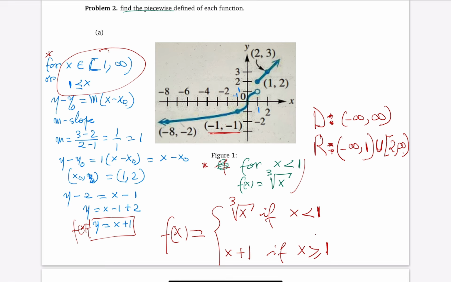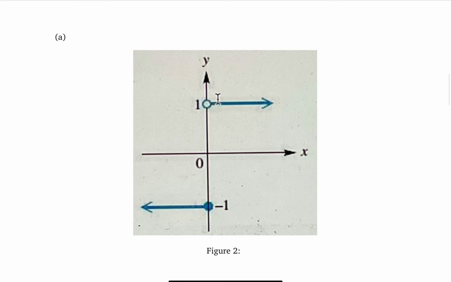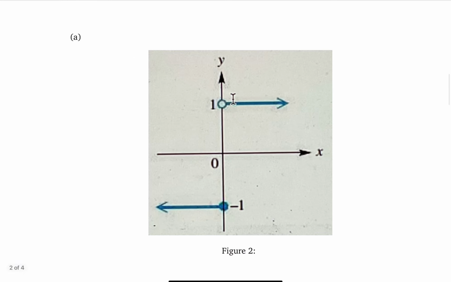Okay, good. Now let's move to the next one, which is B. Same thing, they ask you the domain and the range, and this one is the easiest one.